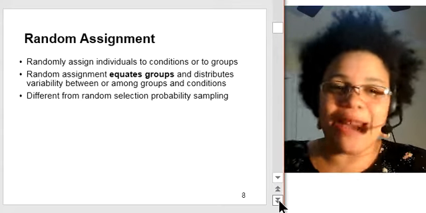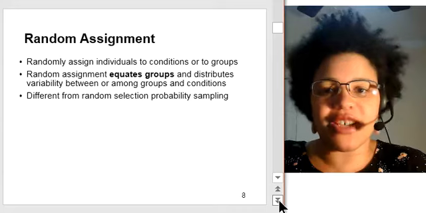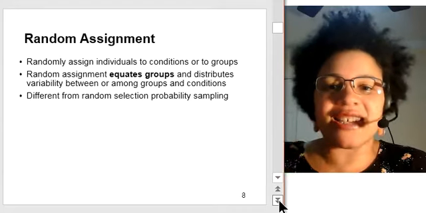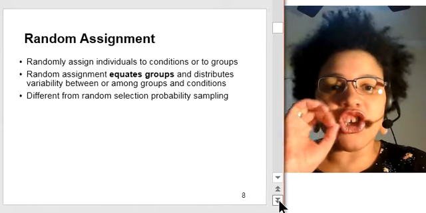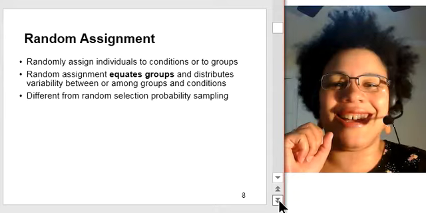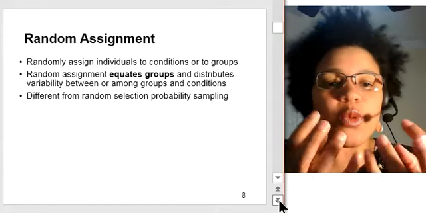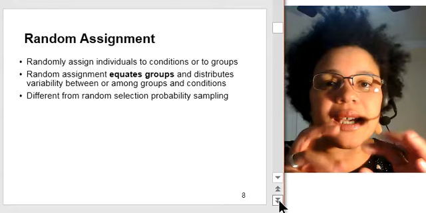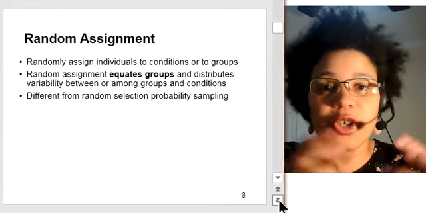First of all, random assignment. In medical research, this is very prevalent. We're going to randomly assign individuals to conditions or groups, right? So we're going to say, okay, you are getting the new thing, you are not. Randomly, okay? And the reason is because we want the groups to be equal on all the things we can't measure, and we don't know.